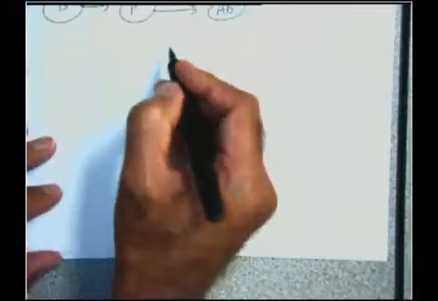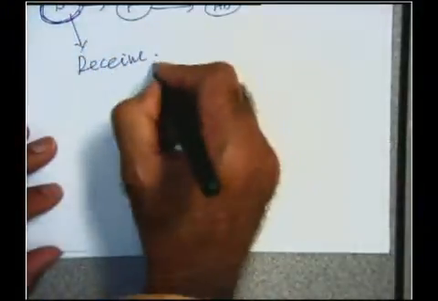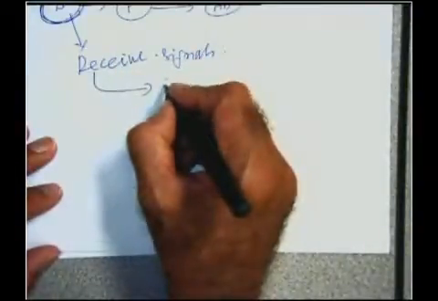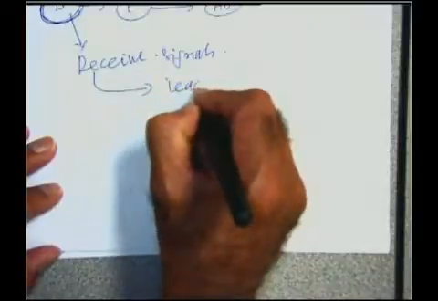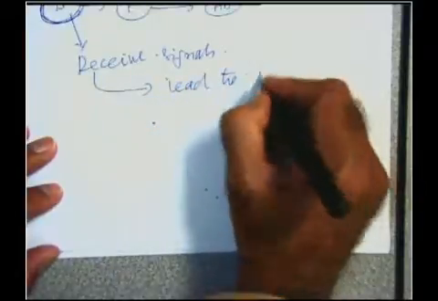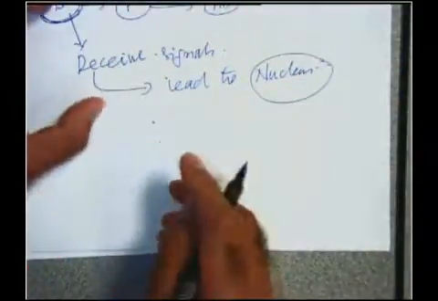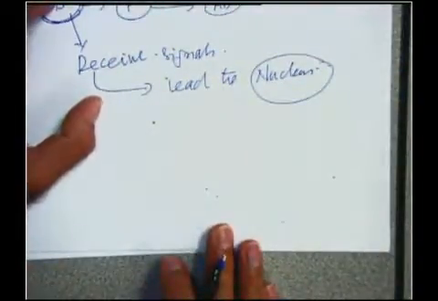Now, our question is how the B cell receives signals or processes the signal, and the signals lead to the nucleus. So we are going to study this part now.